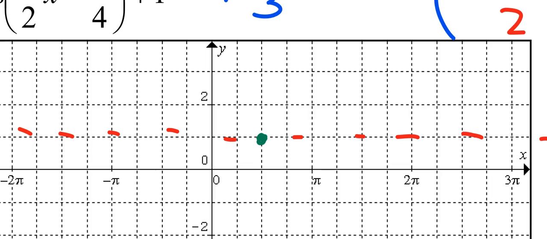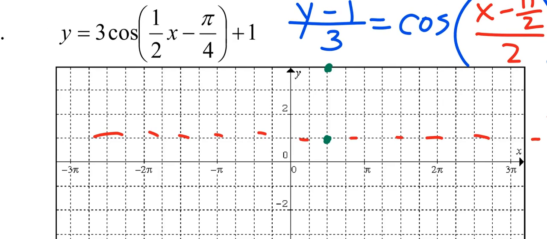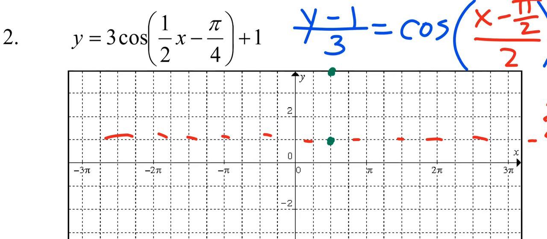I know several of you found the top of the wave. And then panic started to set in because you're thinking, how in the world am I going to find the next one? Because it's 4 pi units, and that's not on my screen. Well, we could do a couple things.